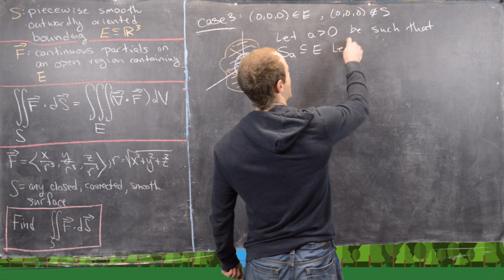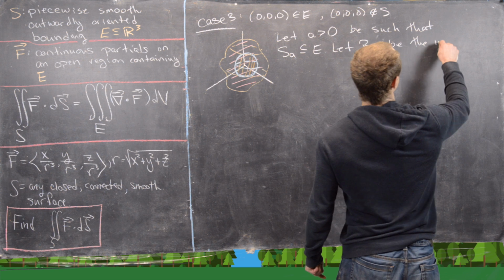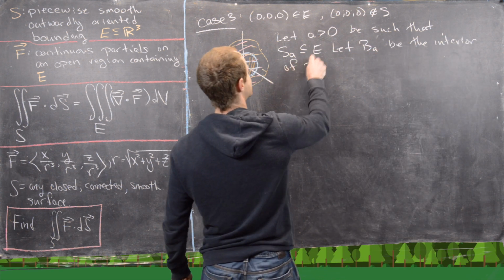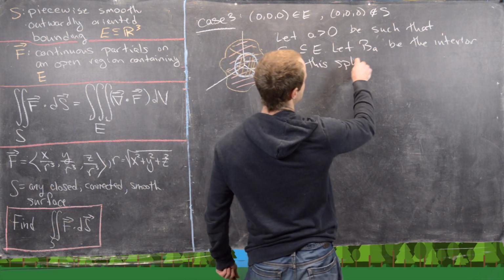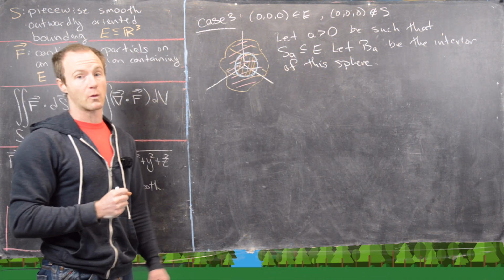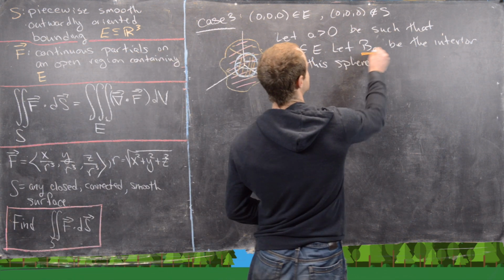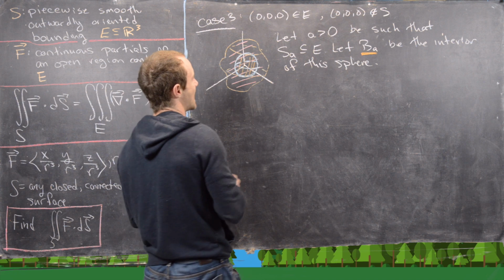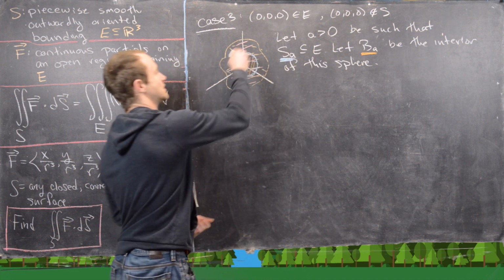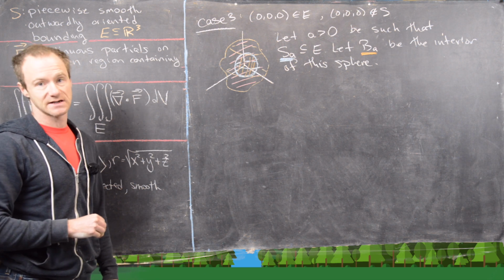And let BA be the interior of this sphere. If you know something about topology, you know I'm really not being very careful with my words here. But the idea is that BA is this orange part, whereas SA is really just the crust of this sphere.